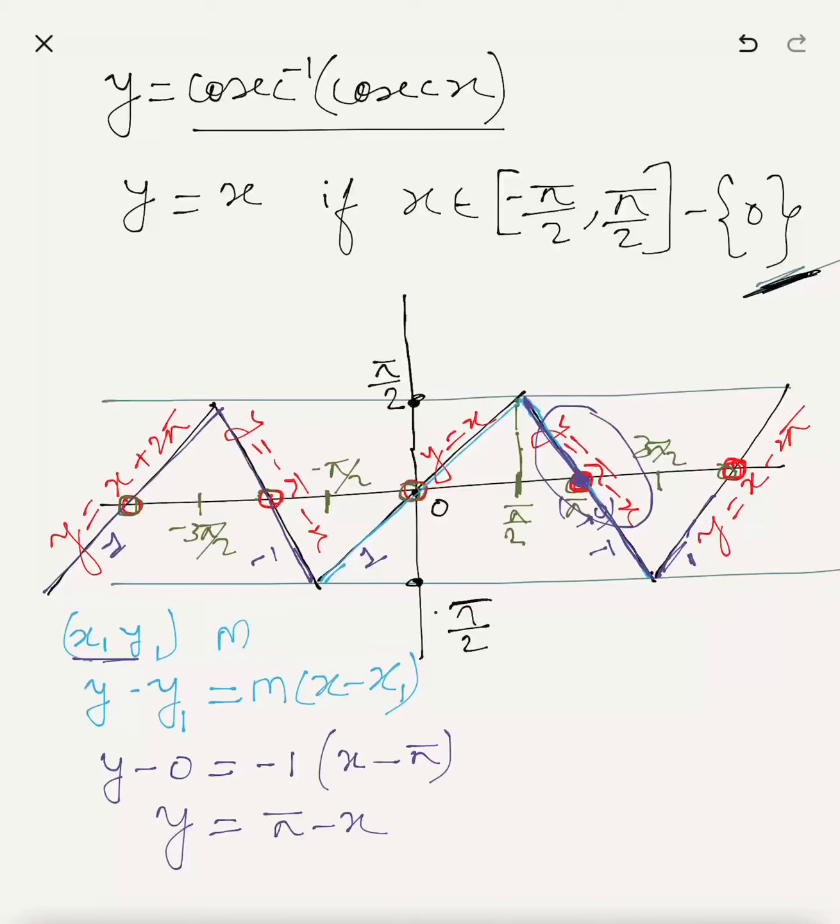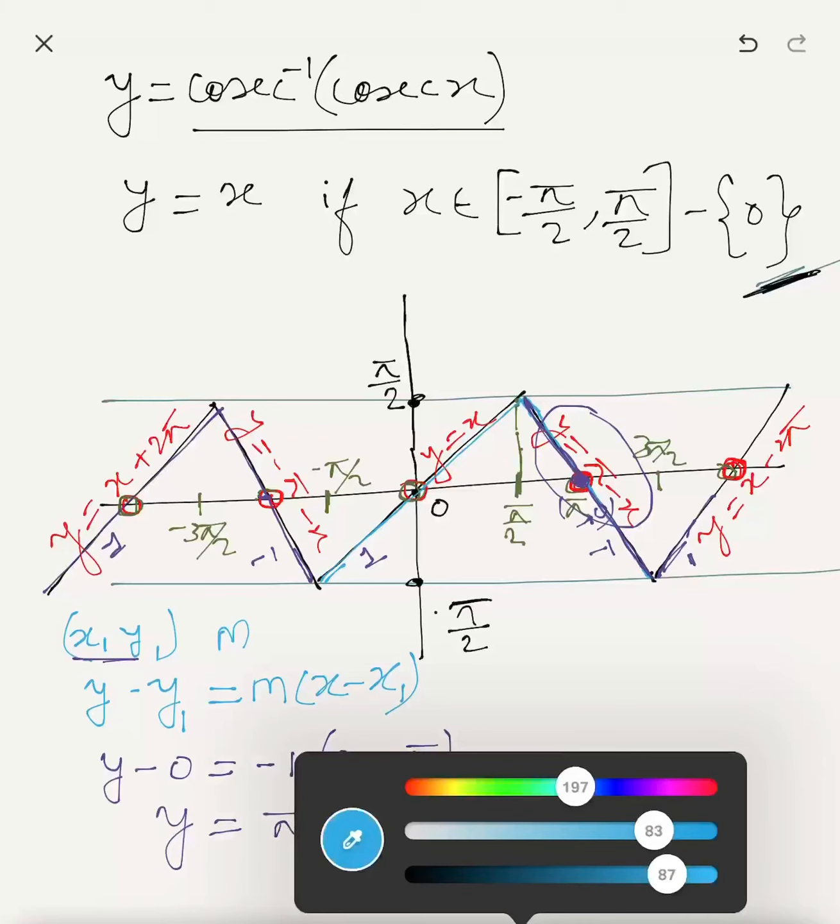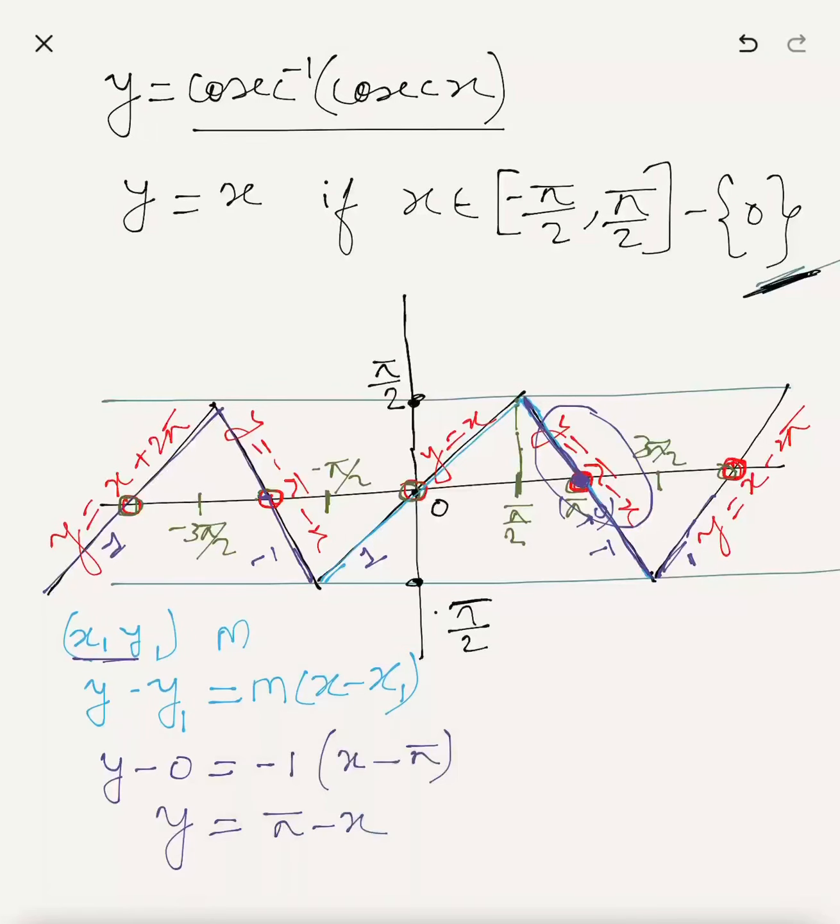In the same way you can find the equation of the remaining branches. You just need to find the coordinate. For example, when you need to find the equation of this line, what is the coordinate here? Minus pi, isn't it? So your coordinate of this point will be minus pi comma 0.